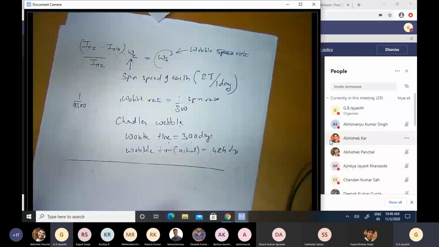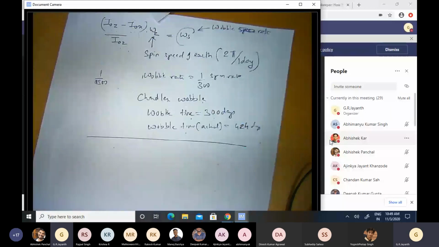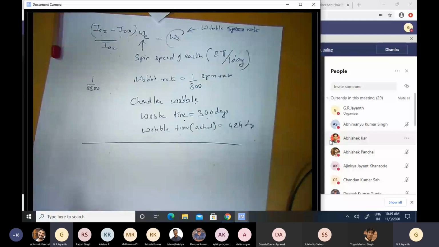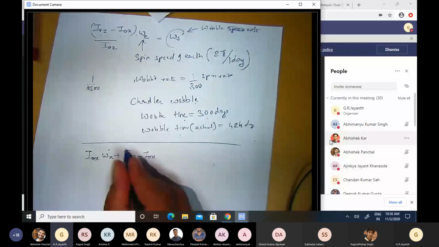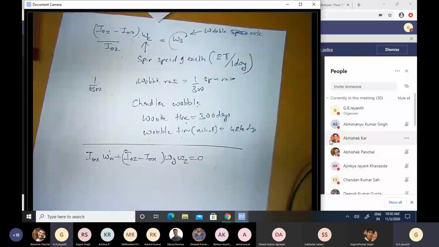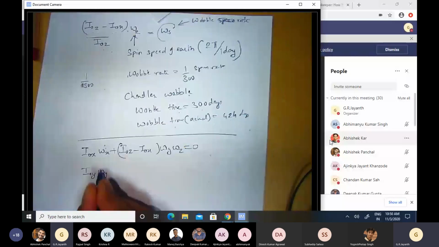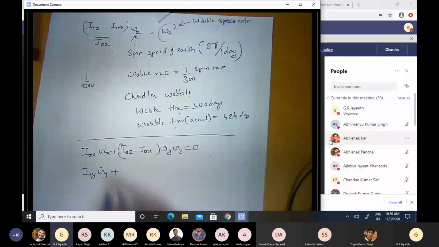So what are Euler's equations? I0x omega x dot plus (I0z minus I0y) omega y omega z equal to 0. Then I0y omega y dot plus (I0x minus I0z) omega x omega z equal to 0. All this is in the body coordinates, and in this particular case we have chosen them to coincide with the principal coordinates of the body.